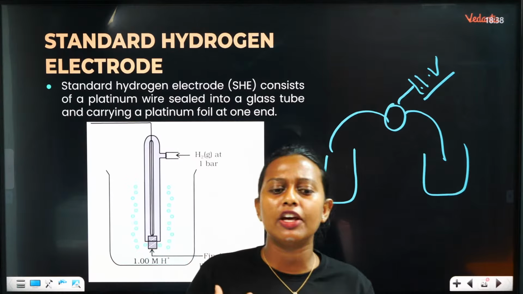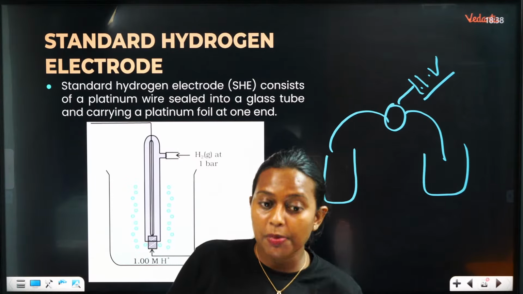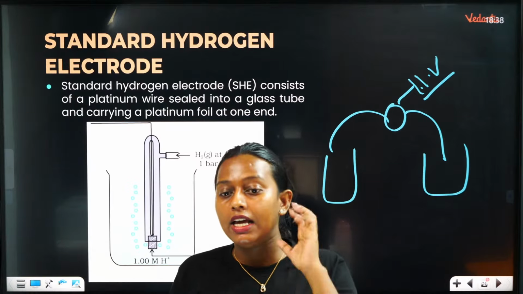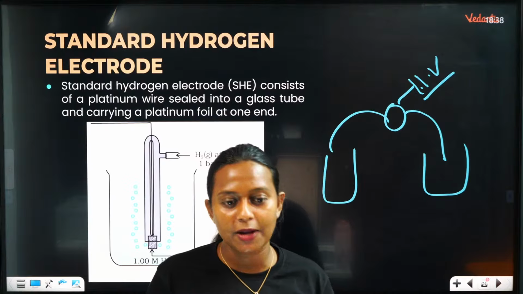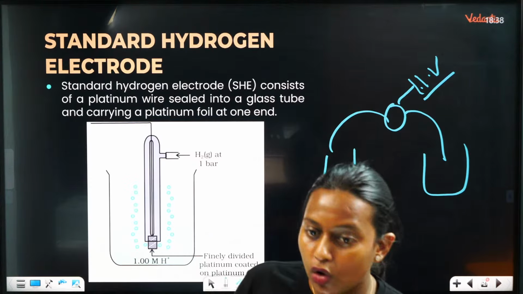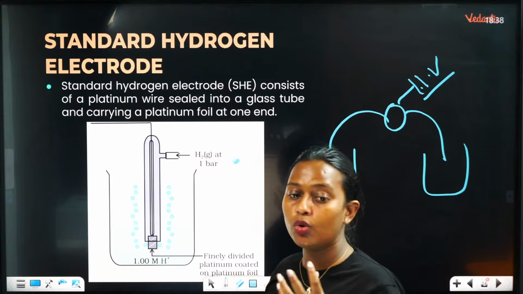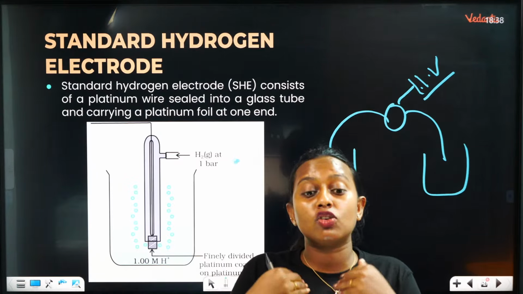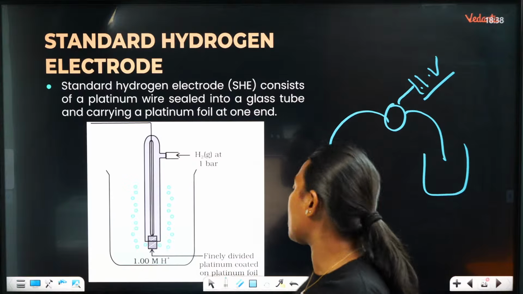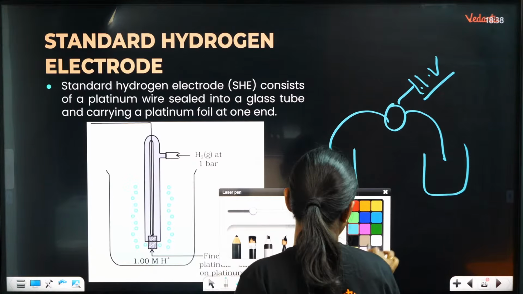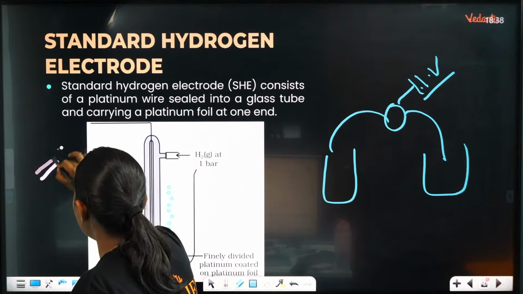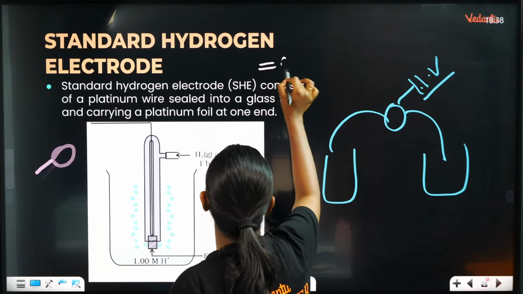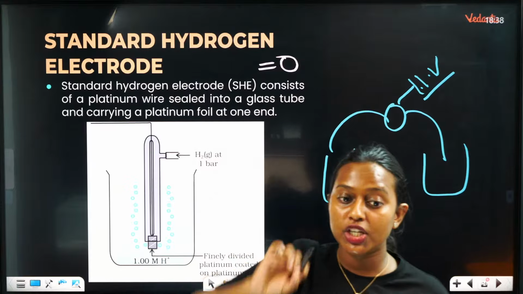What does reference electrode mean? Based on one reference electrode, we can state the electrode potential of all the others. So one reference electrode, that is SHE. Using SHE, we are assuming the electrode potential of SHE is 0.